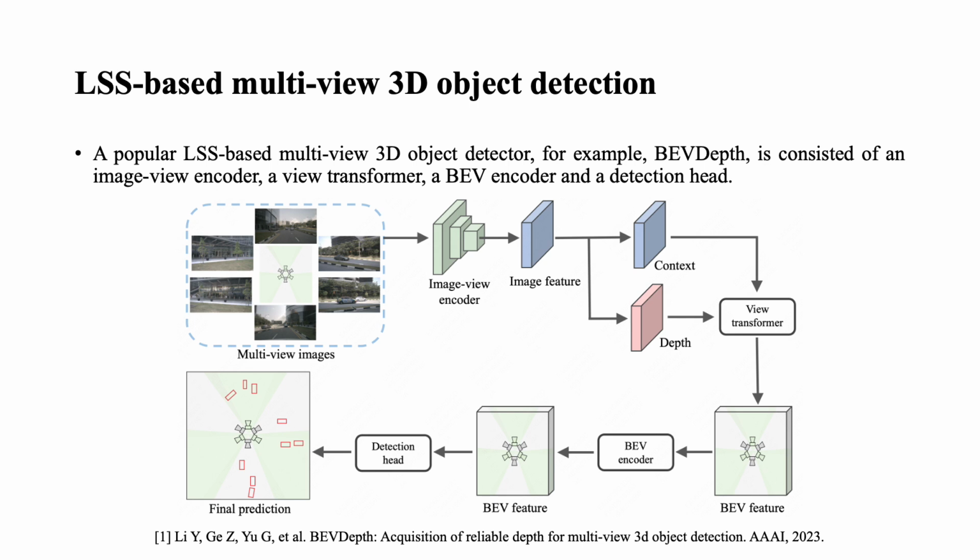The image view encoder extracts the high-level features of the multi-view images. Then the view transformer transforms the image features from the image view to BEV according to the predicted depth. Finally, the BEV encoder further encodes the BEV features, and the detection head predicts the bounding box of the object.